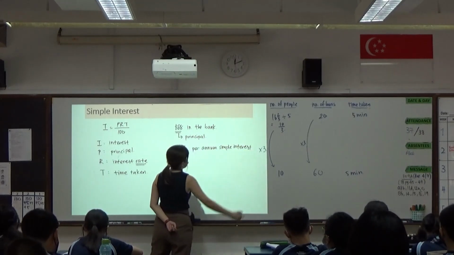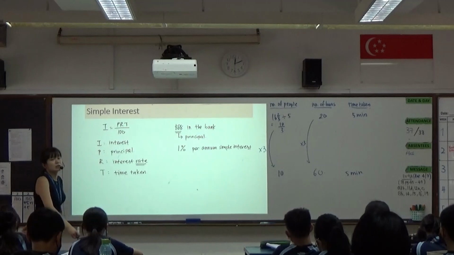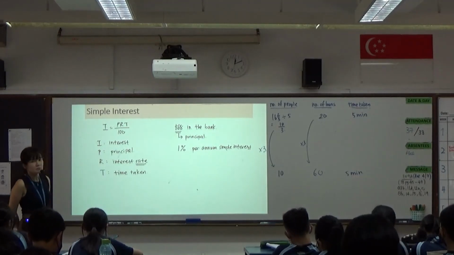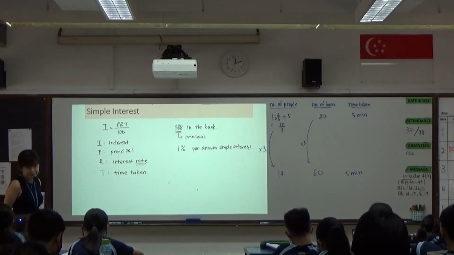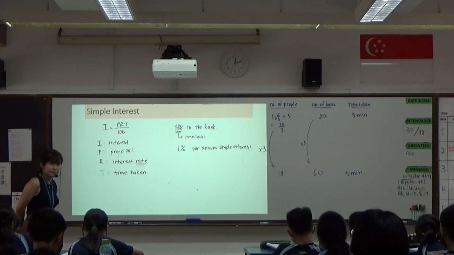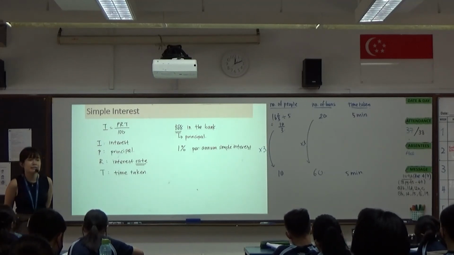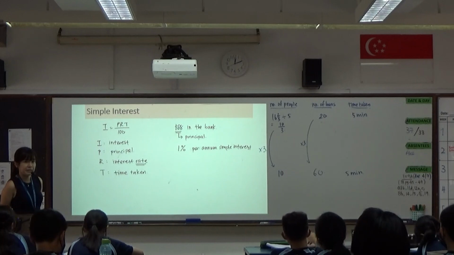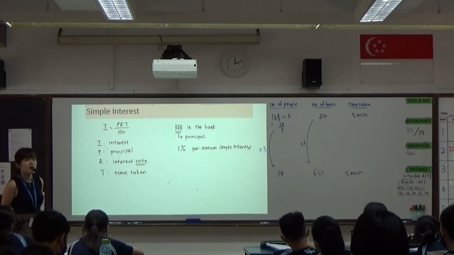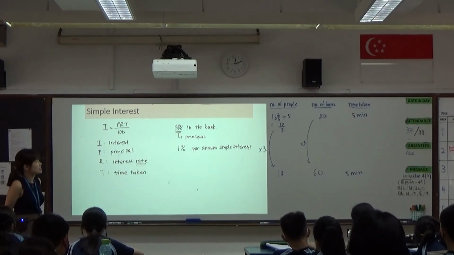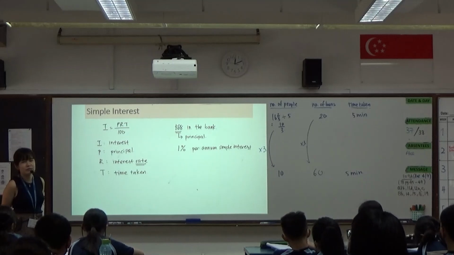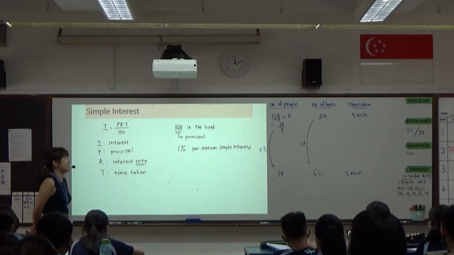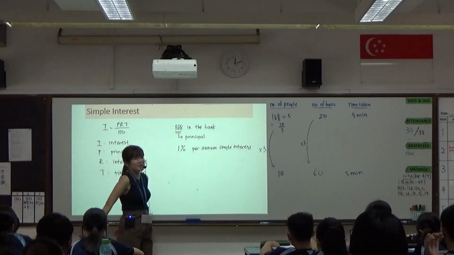What per annum means is that per year. Annum means per year. So that means every year, so long as you put the $88 in the bank, they will give you 1% out of the $88. That's what it means. But of course, for banks, they don't give such high interest. They probably give you like 0.03 or something like that. So 1% is quite a lot.